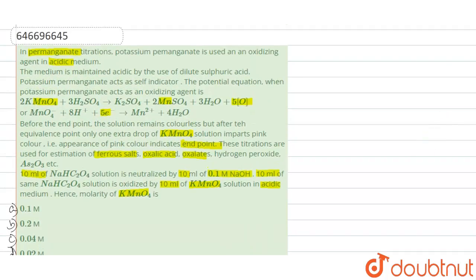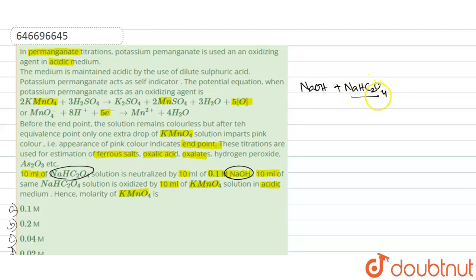Now if we see the reaction between NaOH and NaHC2O4, it will be like this: NaOH plus NaHC2O4.